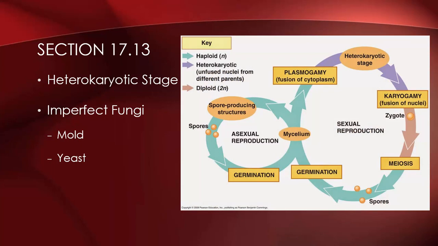When fungi reproduce, we end up with a life cycle that looks a lot like the alternation of generations that we get in plants, with some odd things thrown in. Remember, in a lot of ways, fungi look and act like plants, but they are not plants. They are different from plants in some very important ways.